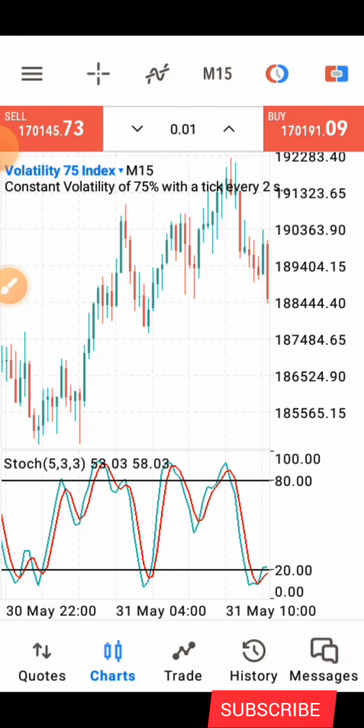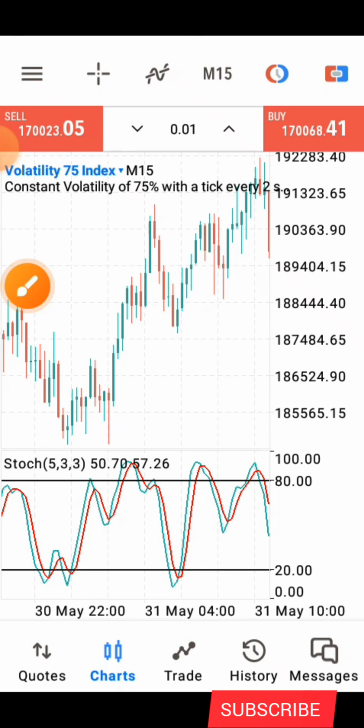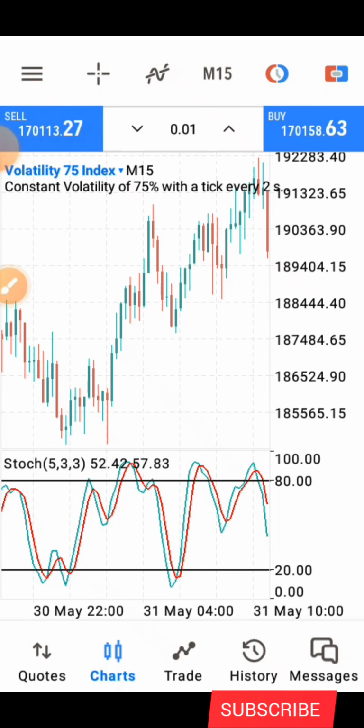Now let's say for example, you see this here is an uptrend, market is going up. Okay, so you found the market in this kind of state, see that it's going up. Now what you do, let's bring out our tool.